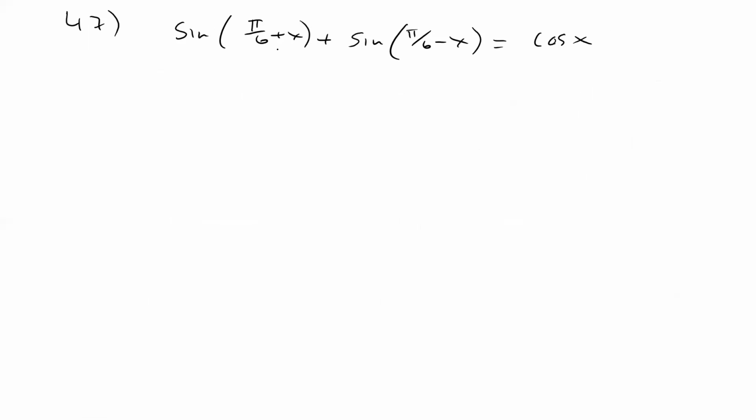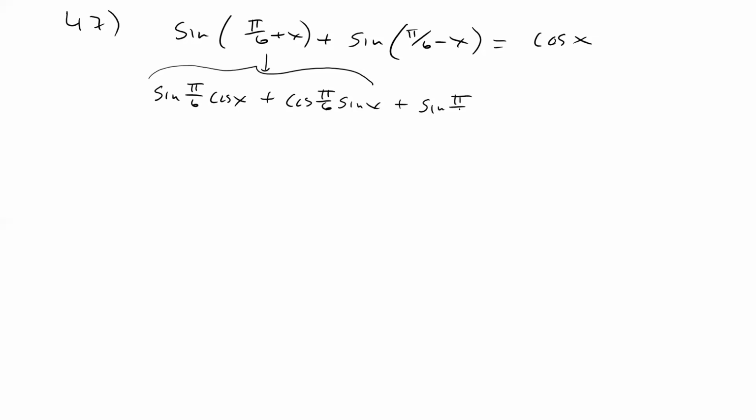Again, it's exactly the same thing as 43 here, except radian measurement. So look back to 43 for the formula. It's sine of your first angle, cosine of your second angle, plus cosine of the first angle, sine of the second angle, and that's the sum formula. Difference formula, just going to have a sign change. Everything else remains the same.